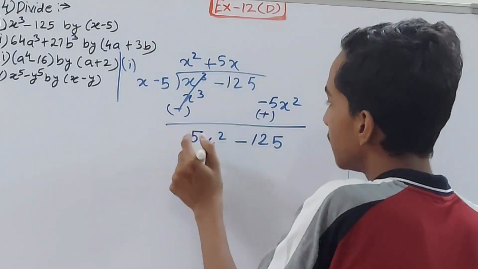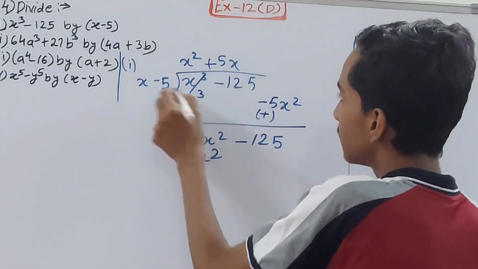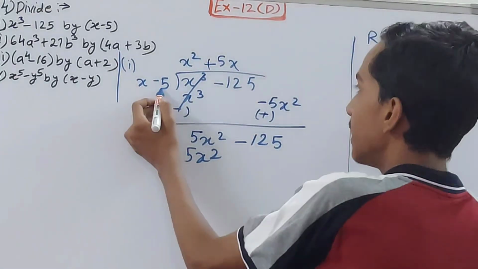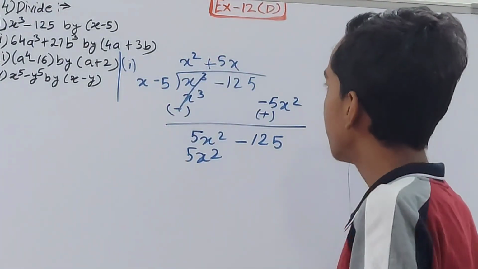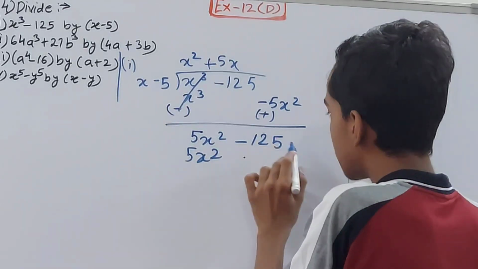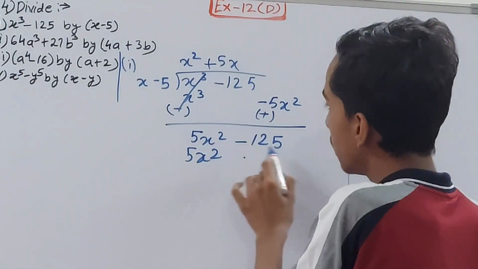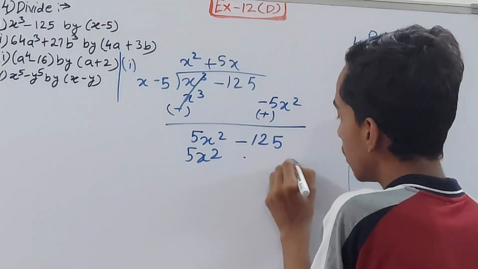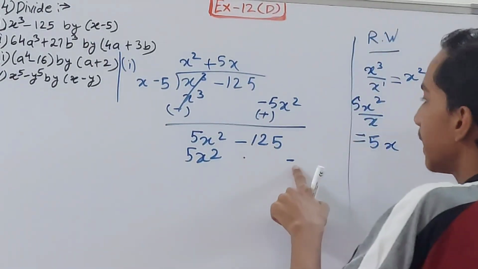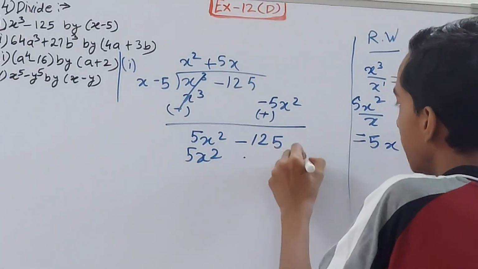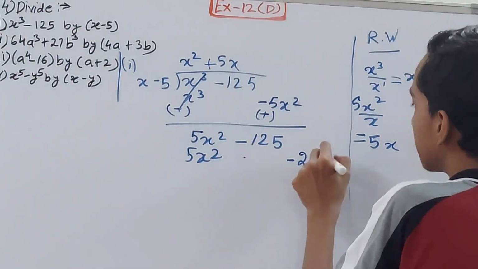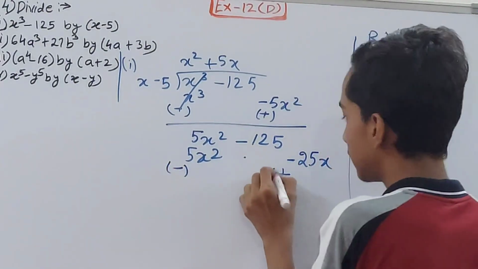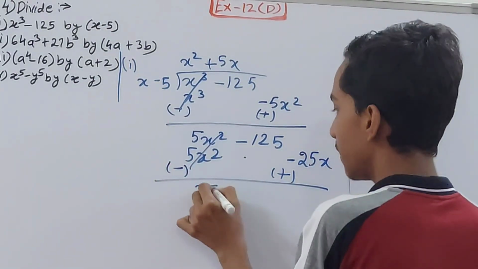Now multiply: 5x into x becomes 5x square, 5x into minus 5 is minus 25x. Again, minus 125 is a constant term, but what we get has x, so we will not get a like term, so we write it separately. Minus sign, 5 into 5, 25, and x. Now change the sign, minus plus, this cancels, and you have 25x.